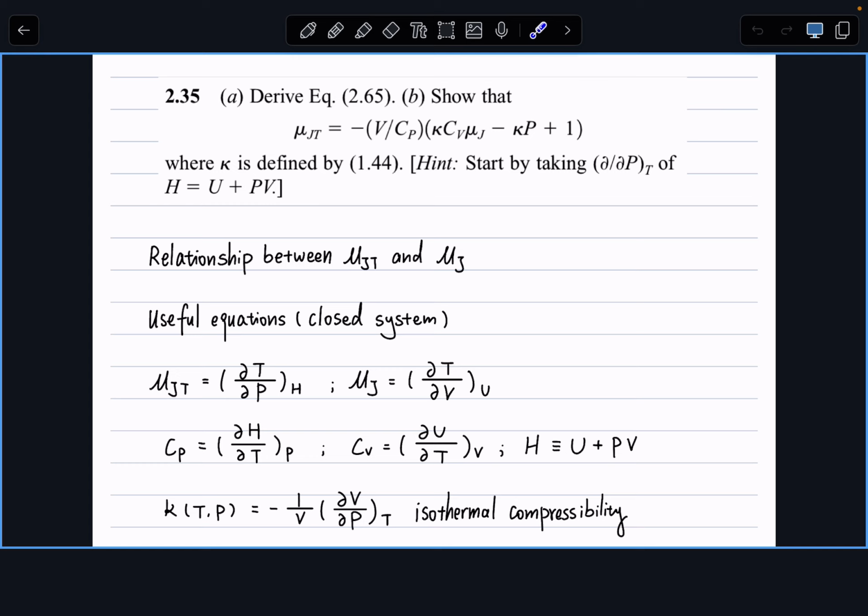Or I can write this out as dH over dP at constant T equals V chi Cv mu J minus chi V P plus V.